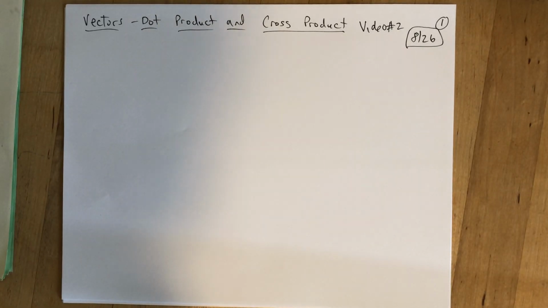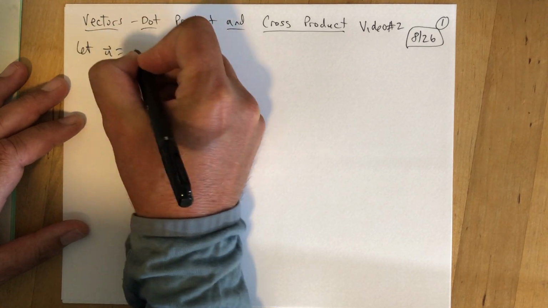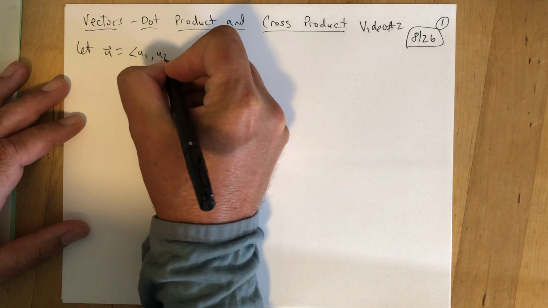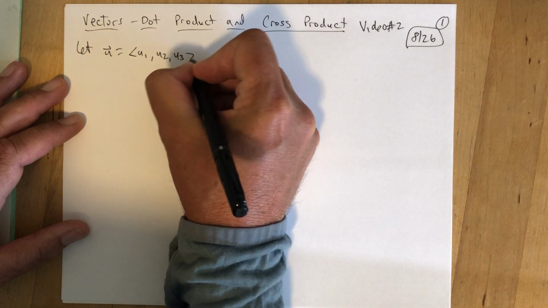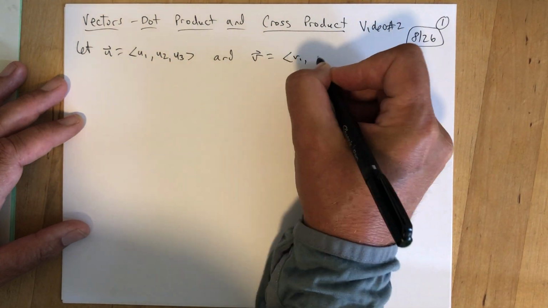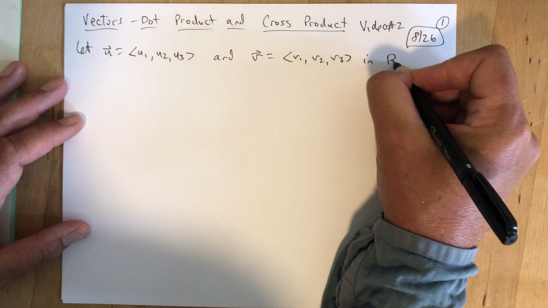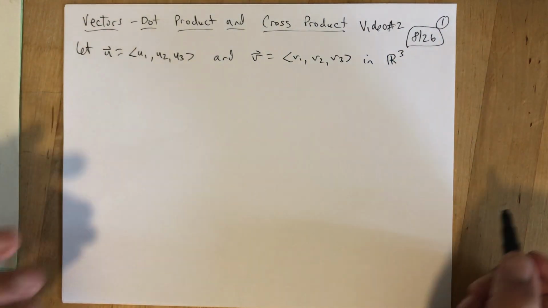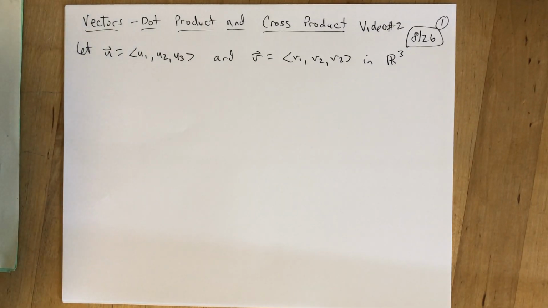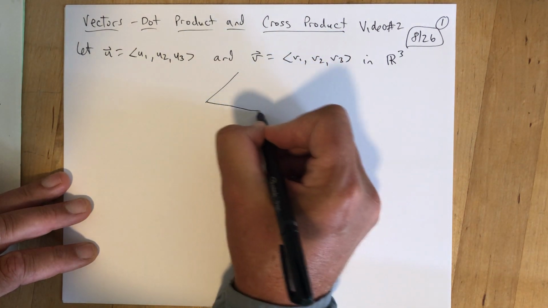So here we go. Let u be the vector u1, u2, u3, and let v be the vector v1, v2, v3, and these are in 3-space, so they're out in space somewhere. Let's just have 2 vectors here like this.